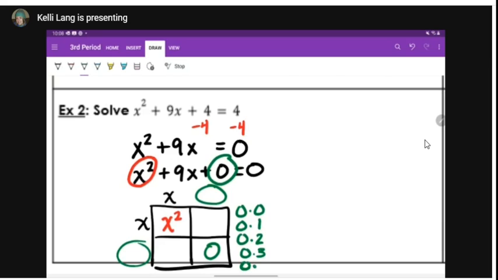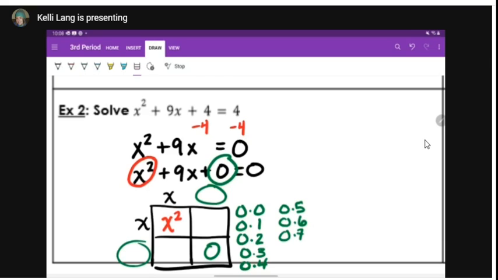But I can think of a lot of options. 0 times anything gives me 0. So my two numbers could be 0 times 0, 0 times 1, 0 times 2, 0 times 3, 0 times a gazillion. I just made that number up, but it could be 0 times anything. So we have an infinite number of options, and that is daunting.